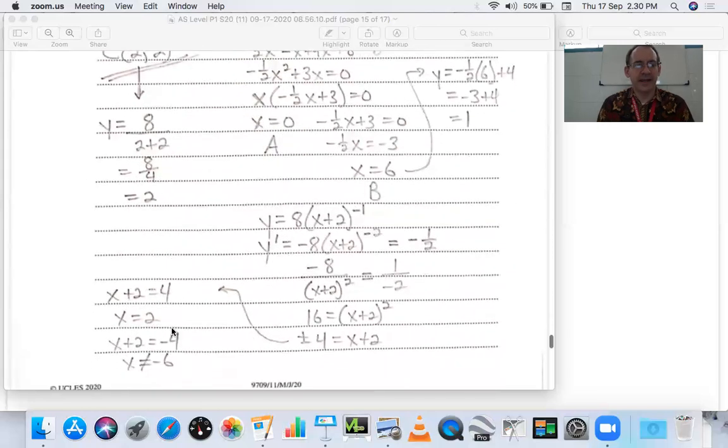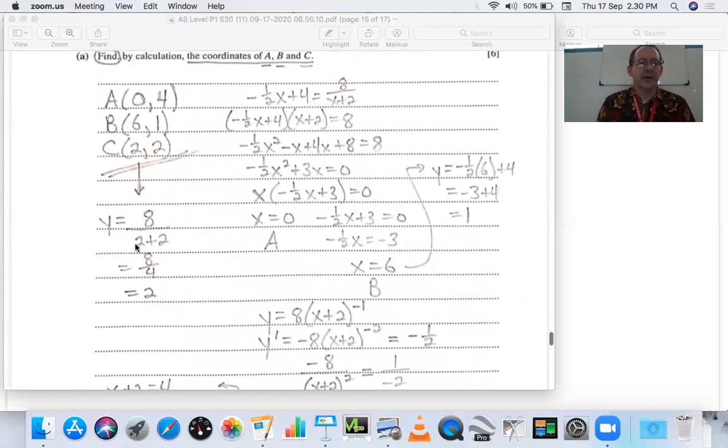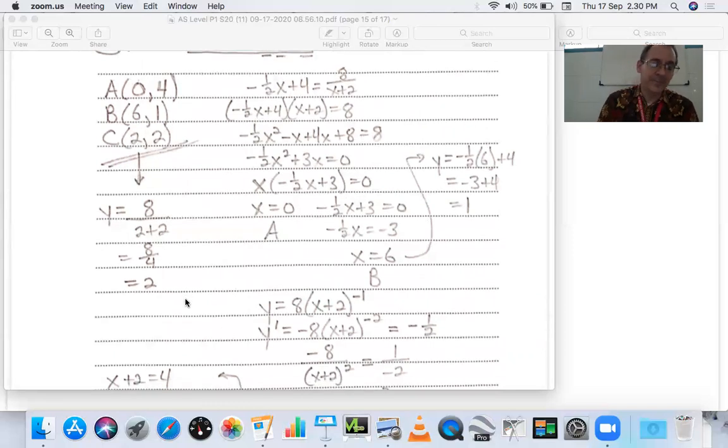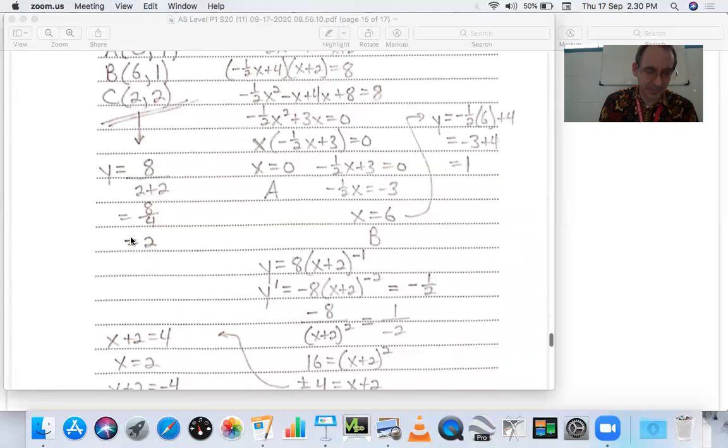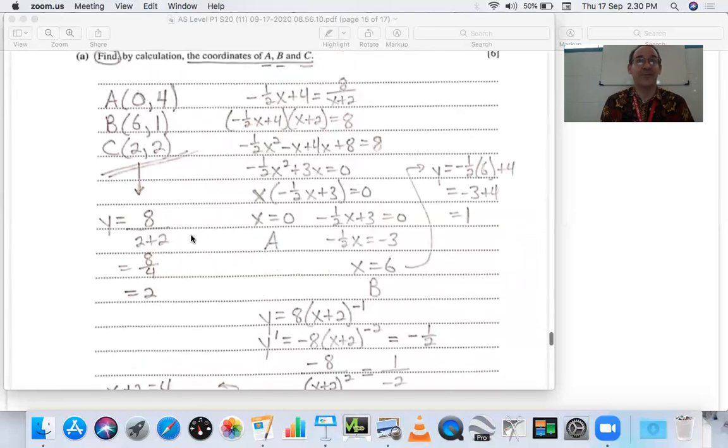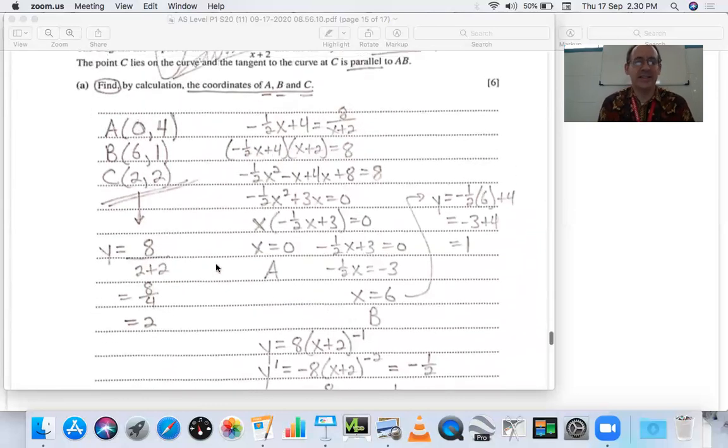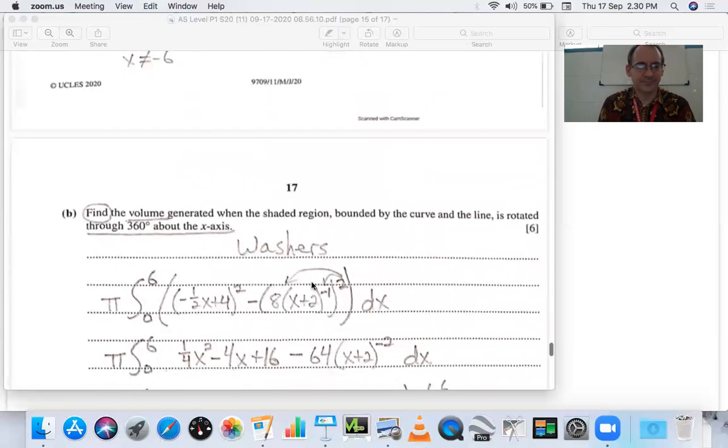So that means x has to equal 2. Plug 2 into the curve, it has to be the curve. C is not on the line, so don't plug it into the line. Plug 2 into the curve, and we end up with a value of 2 for the y value. So here are our A, B, C values that they asked for.